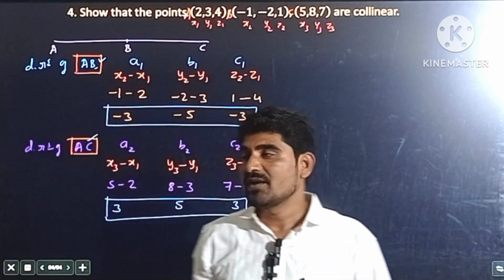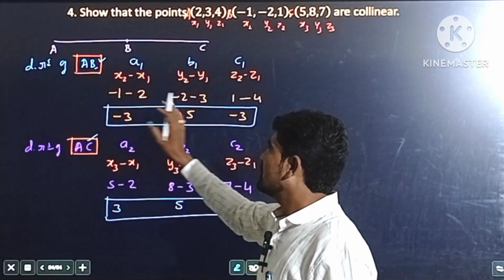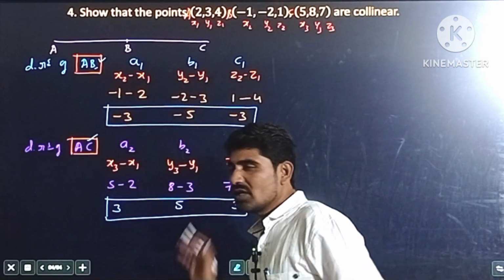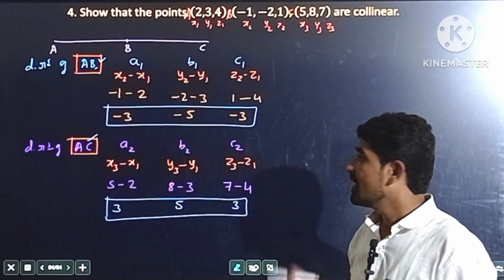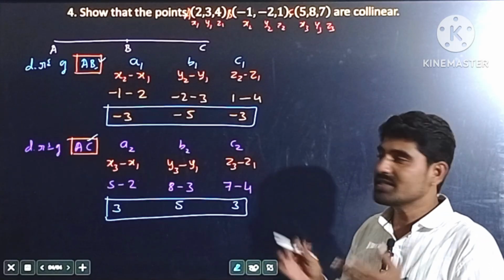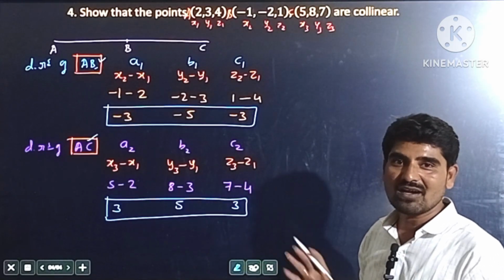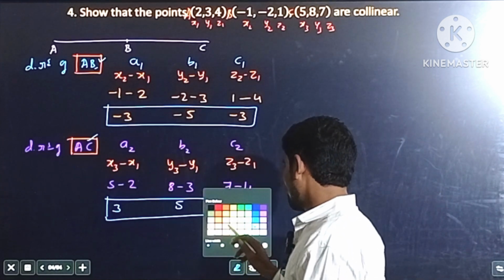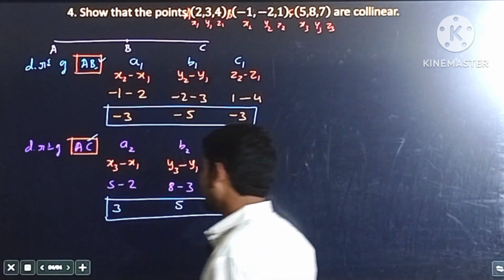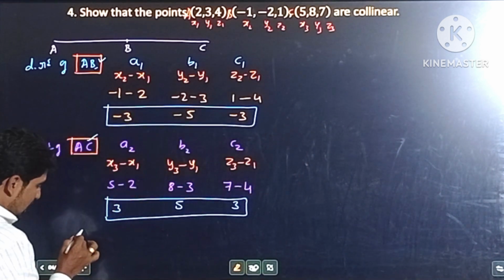Now we need to check whether the direction ratios of AB are proportional to the direction ratios of AC. If they are proportional, then we say that these 3 points are collinear. If not, these 3 points are not collinear. So what is the condition of collinearity of 3 points?